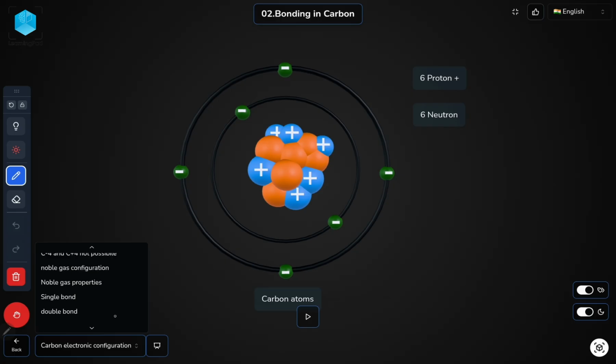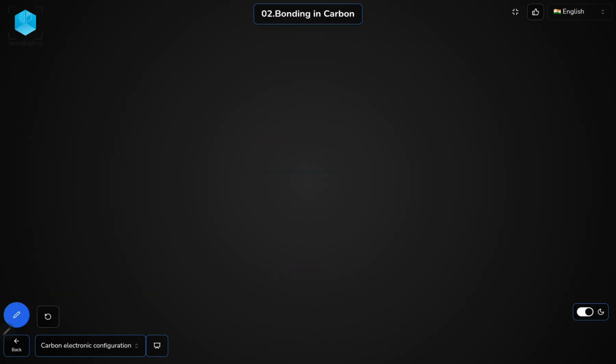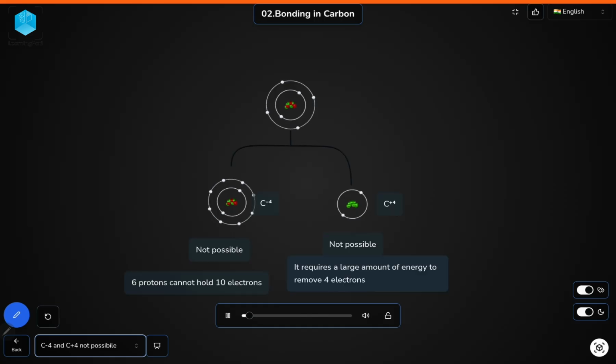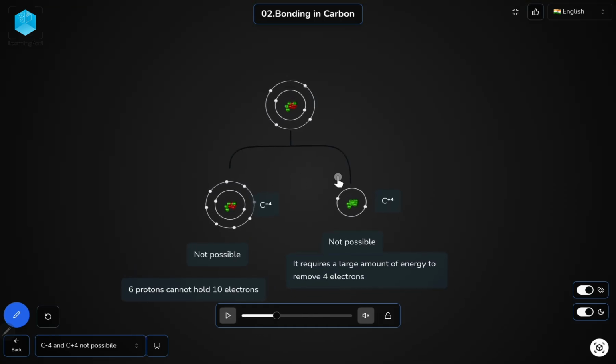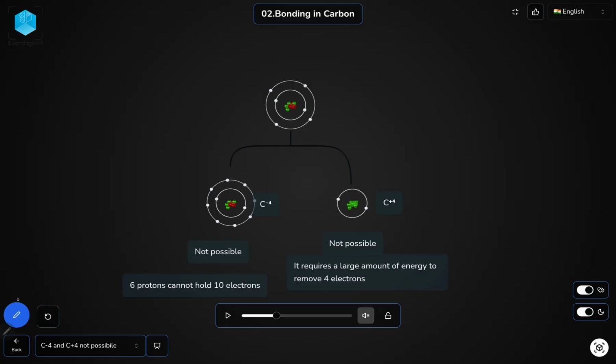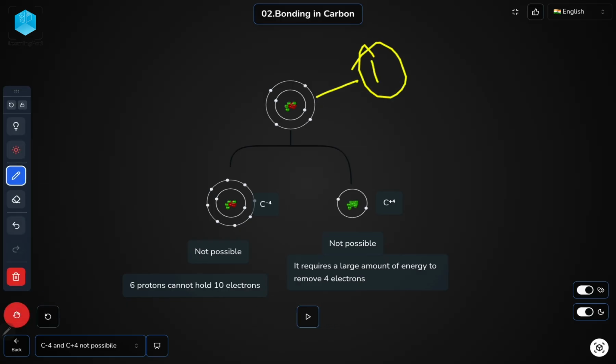Now let us know what type of bonding do carbon atoms form. If we see the structure of carbon atom, you can see in this figure. Now when carbon atom is forming a bond, it has to either lose electrons or gain electrons.